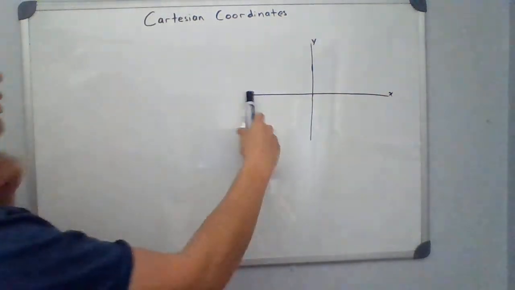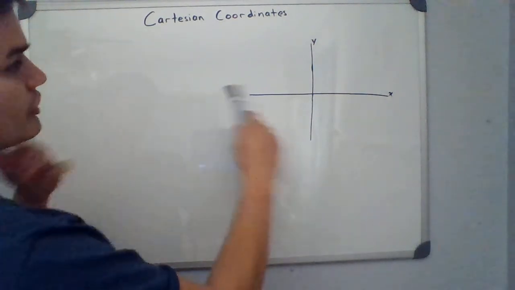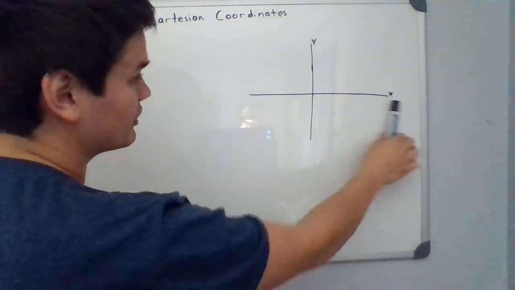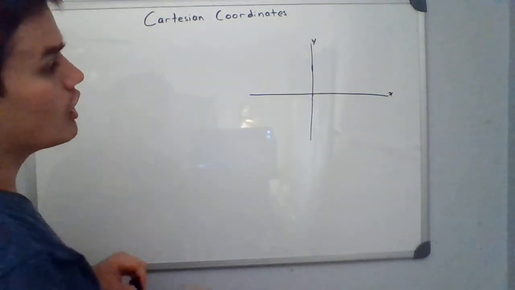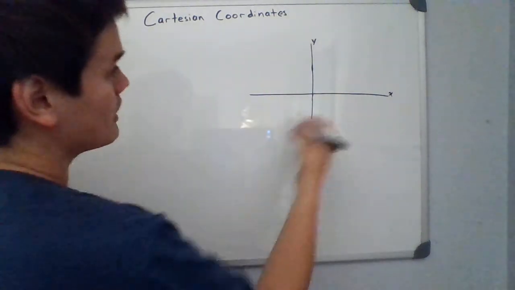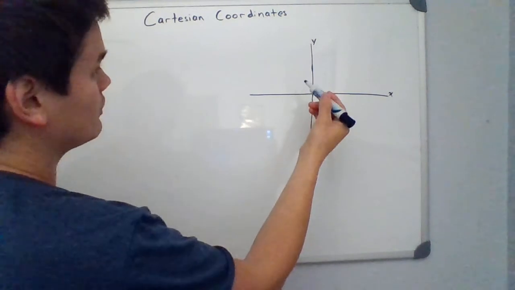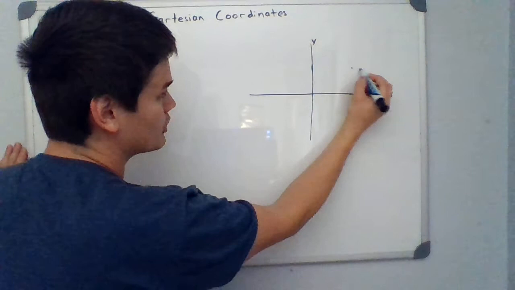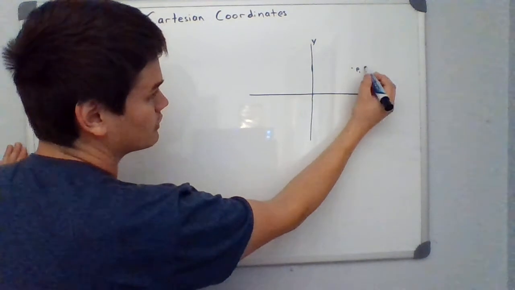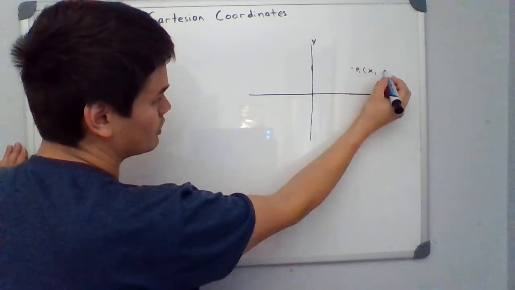This is a Cartesian coordinate system. So this is constructed with a horizontal axis, the x-axis, and a vertical axis, the y-axis. These axes are perpendicular to each other, and we can pick points on this plane. So I can just pick a point over here, P1, and I'll let that have some value, (x1, y1).